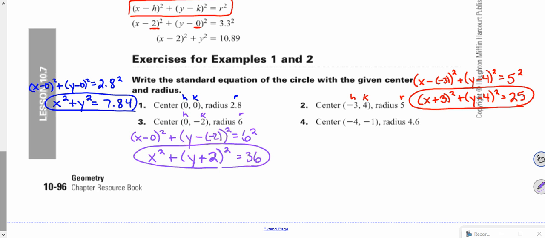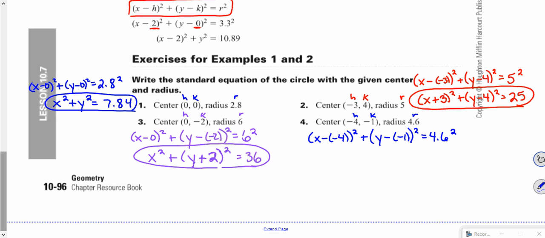Okay. Number 4, again, this is my h, this is my k, this is my r. So once again, we've got x minus a negative 4 squared plus y minus a negative 1 squared equals 4.6 squared.